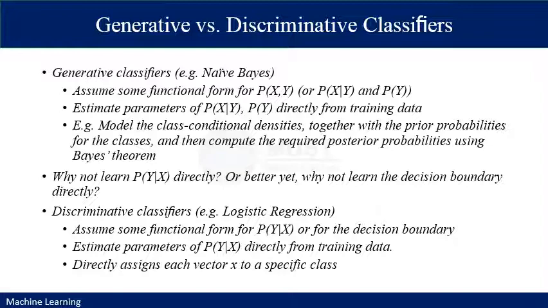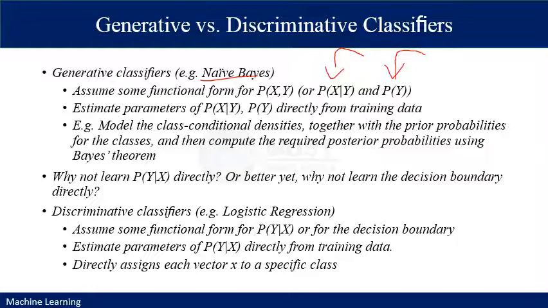In summary, generative methods such as Naive-Bayes assume some functional form in terms of probabilities of inputs and outputs, or in simpler terms, the conditional probabilities for each attribute with respect to the target values and prior probabilities for each target class.